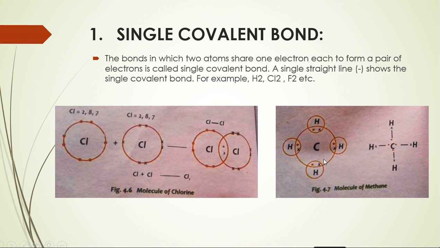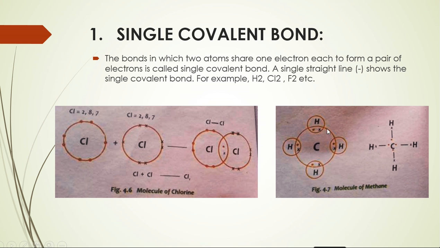This is methane molecule, carbon with atomic number 6. So 2 electrons in the first shell and 4 electrons in the last shell, the outer shell. Let's consider these crosses are of carbon and this dot is of hydrogen. So one electron is shared by hydrogen and one by carbon. Together they form a single pair, so a single covalent bond will result.